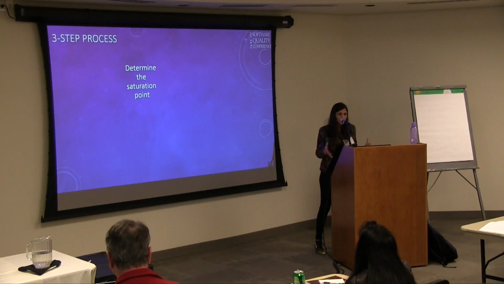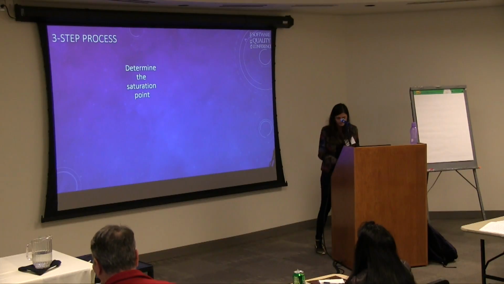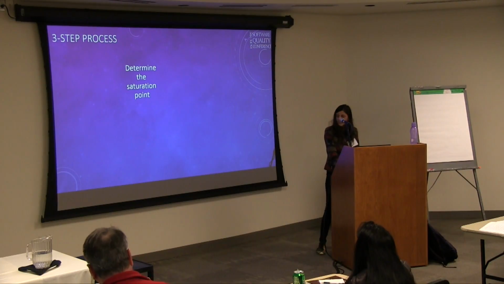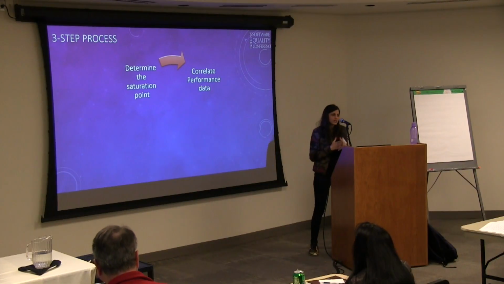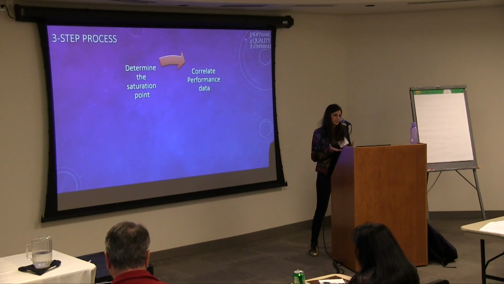Imagine you've deployed your application in cloud and you don't know what hardware resources you have. So you start off with a very minimal load and gradually increase it and see what is the maximum load that you can achieve. So that is determining the saturation point.